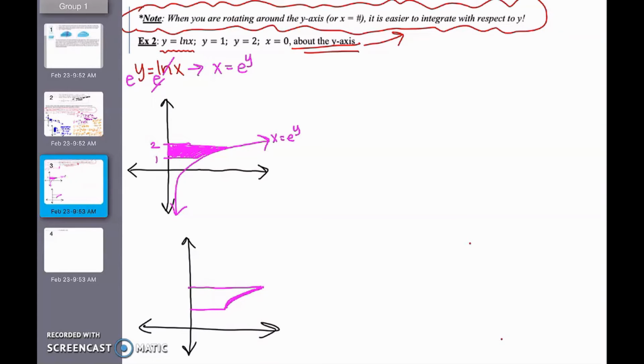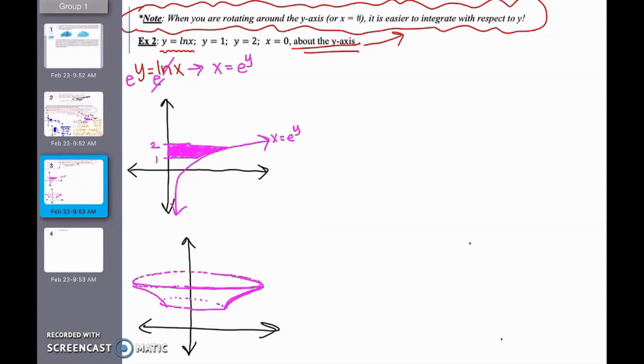And if I rotate this around the y-axis, then it's going to spin like this all the way around. And the same thing is going to happen down here. It's going to spin all the way around. And so I end up with something that looks sort of like a bowl, I guess.